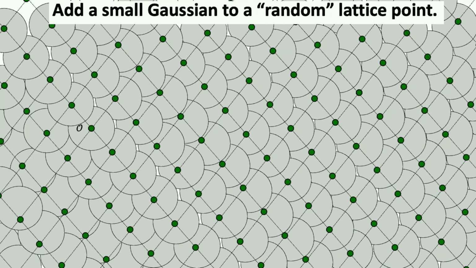Adding a Gaussian to a random lattice point gives a mixture of Gaussians, one centered at every lattice point. You see what's going on, right? As soon as the Gaussian width is large enough, this covers the space. If you squint your eyes, it looks like the uniform distribution.